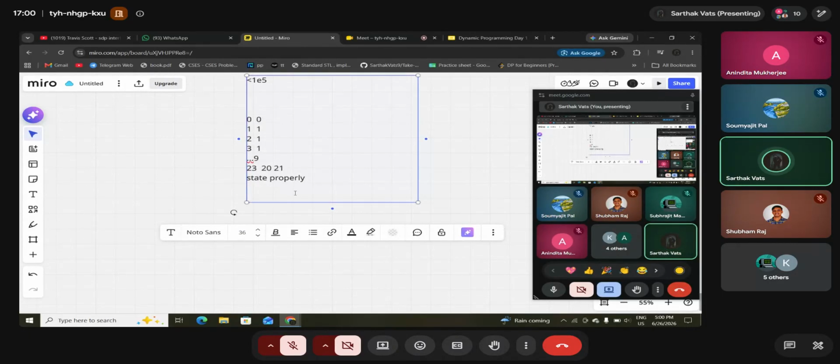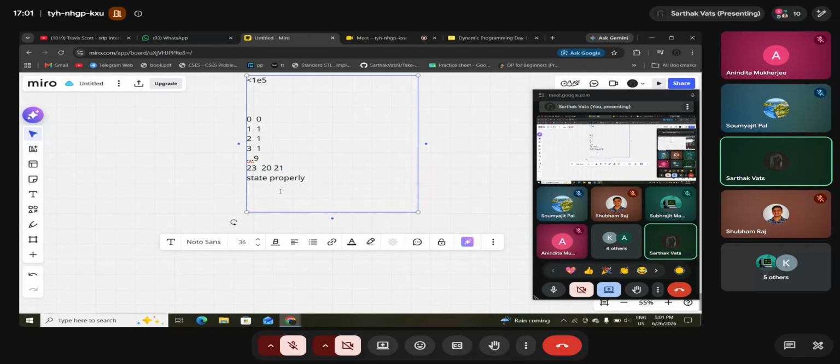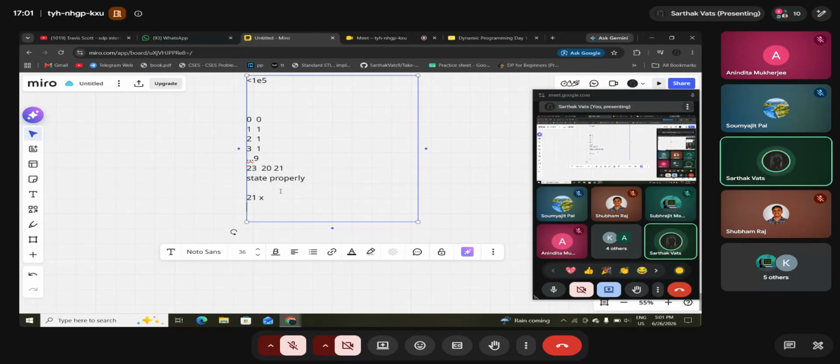If I know the lesser values to which the number can be reduced, suppose to get 21 I need x steps, then for 23 how many steps am I going to need? I'm just going to need x plus 1, right?